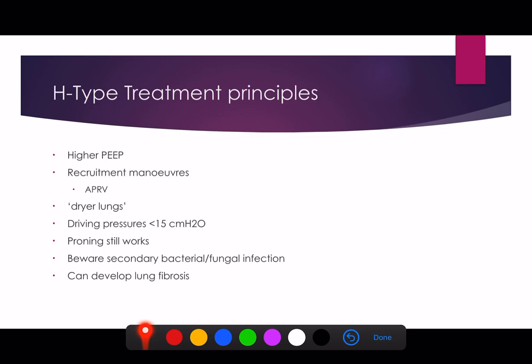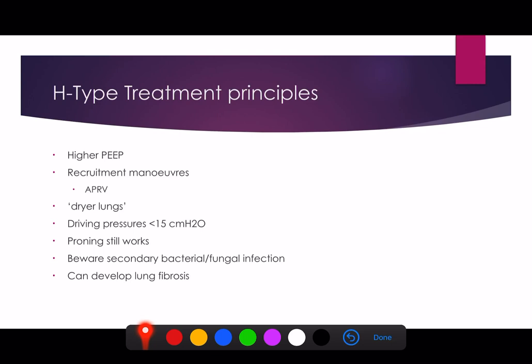I'm not saying it's completely not possible, but it's less likely. But similarly, if you've got a high procalcitonin level, do search for infection, especially bacterial and fungal infections. Although procalcitonin isn't that useful for fungal infections, it's more used for bacterial infections.